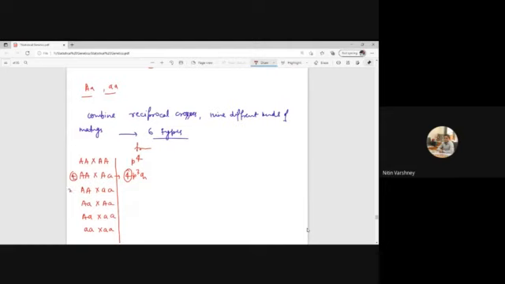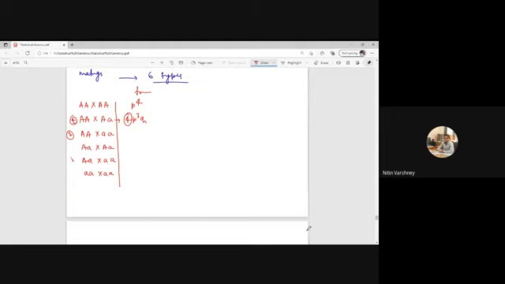Same, this will be 2. Same, this will be 2. So if we combine our reciprocal crosses, then we will get these 6 matings. Okay, got it? So this is an important question. If we combine our reciprocal crosses, how many random matings will there be? There will be 6 matings.